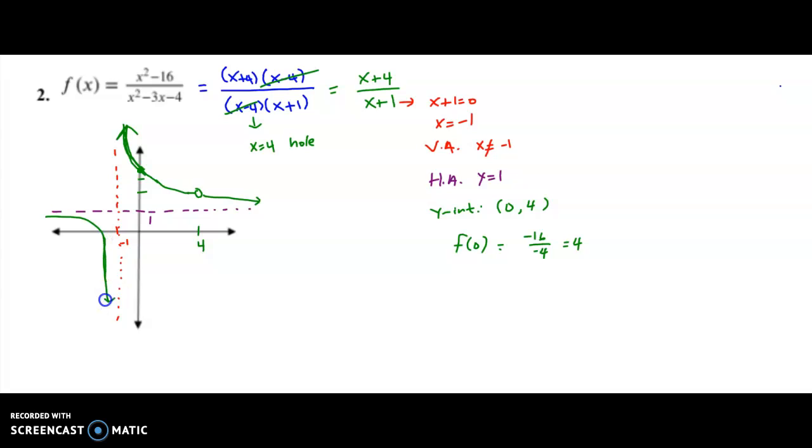That's terrible because I wanted to draw it closer to the asymptote. So there's a hole here because when you plug in 4, there is no y value. There's an empty space here, and so this is our graph.